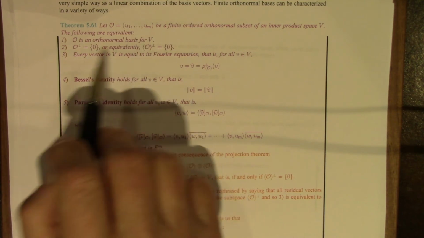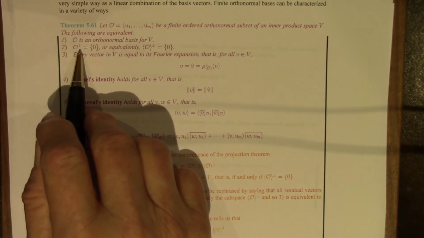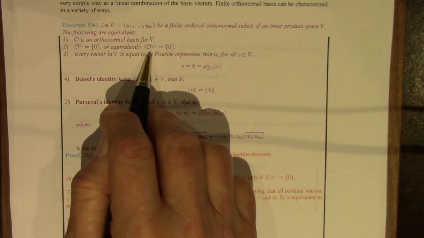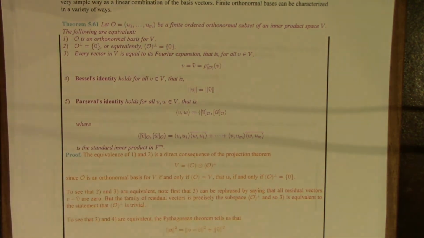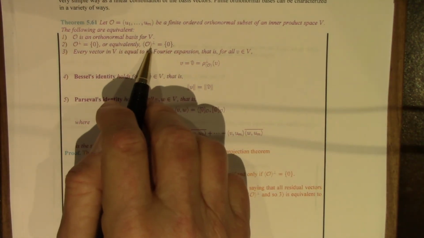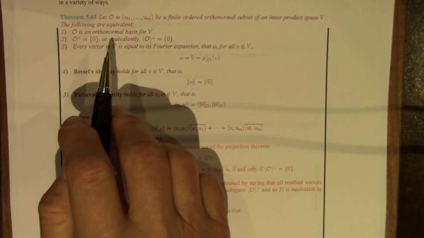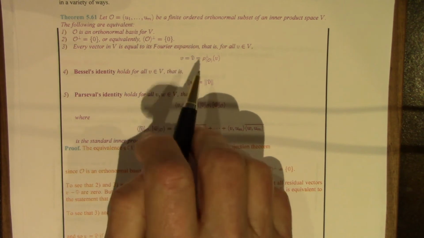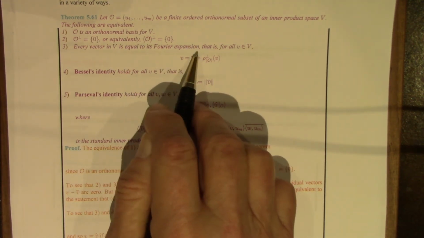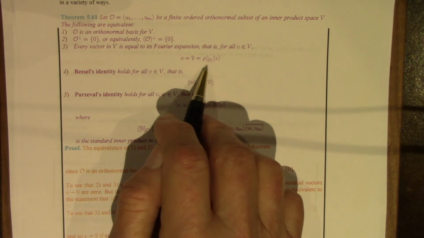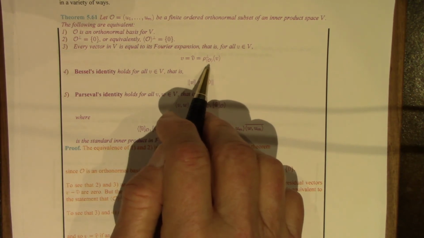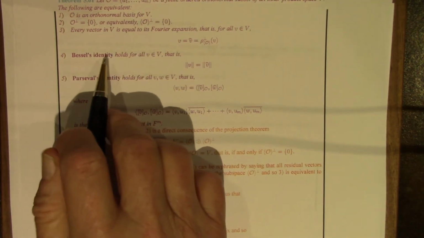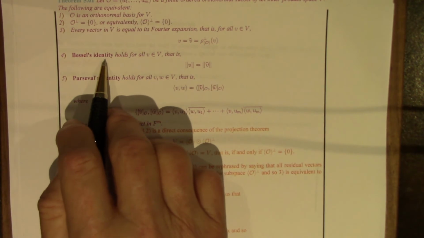O is an orthonormal basis if and only if its orthogonal complement is trivial, or equivalently the subspace spanned by O has trivial orthogonal complement. This is equivalent to saying that every vector in V is actually equal to its Fourier expansion or to its projection onto the subspace spanned by O. This is equivalent to saying that Bessel's identity holds.